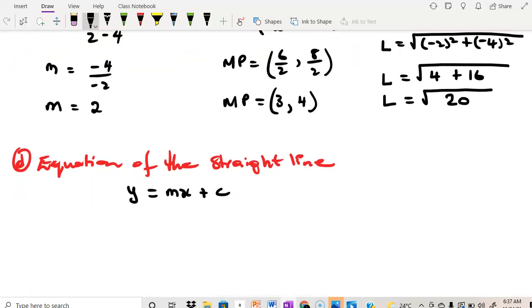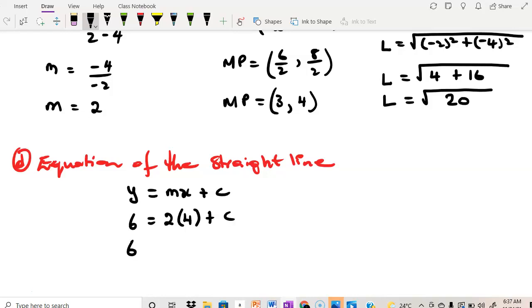Given that we're using point A, which is 4, 6, y is 6, so we're going to replace the y with 6. We found m to be 2, our gradient is 2. x represents our x coordinate, which is 4, plus c.